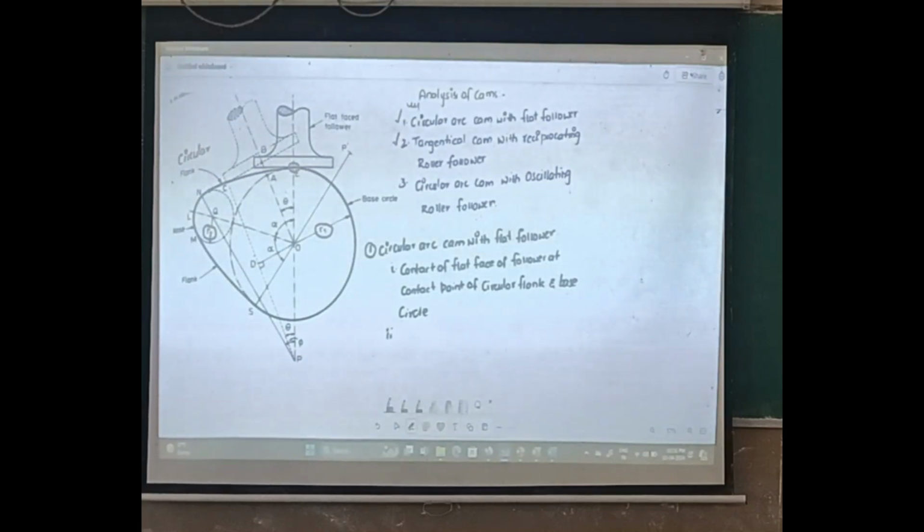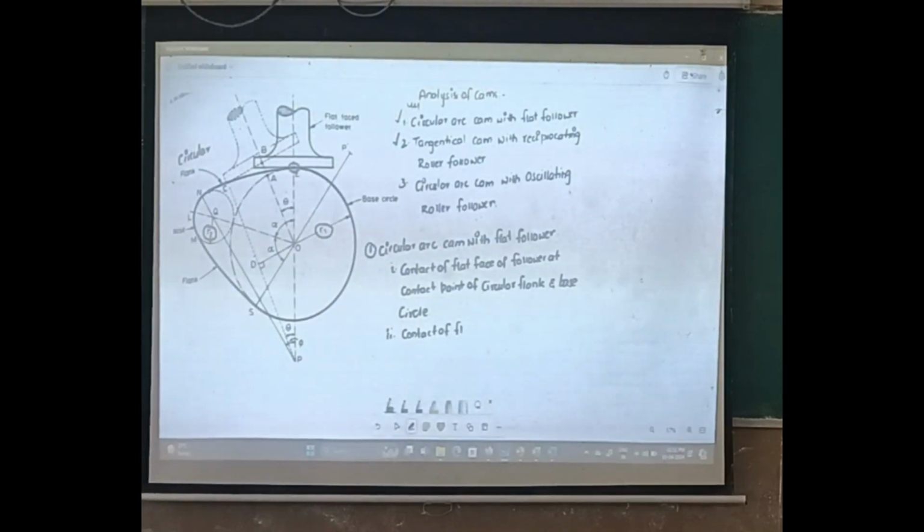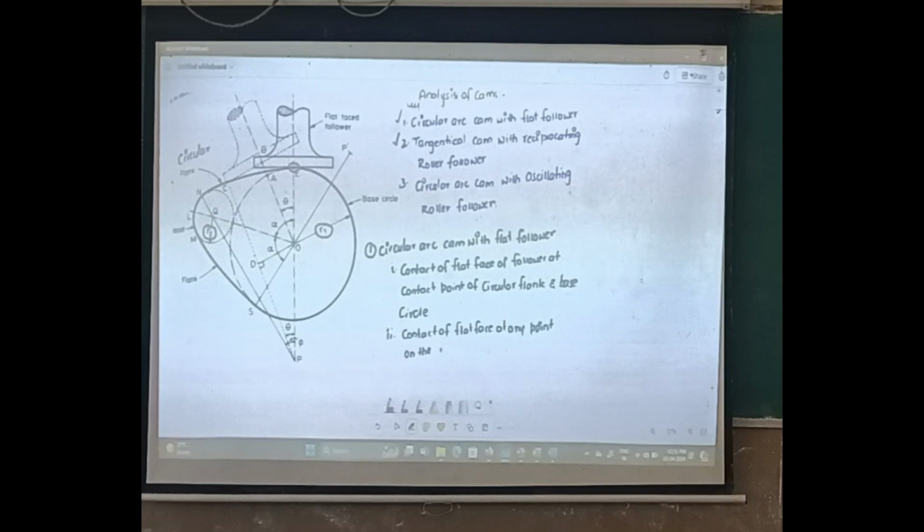The second case is contact of the flat face at any point on the nose.